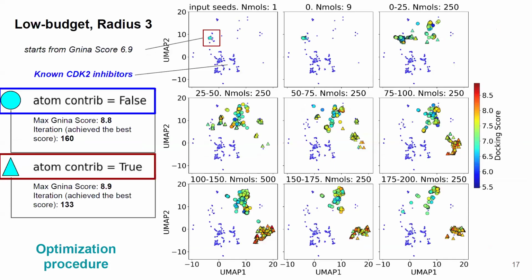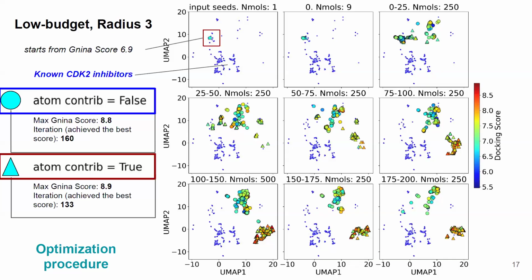We also wanted to compare with the chemical space of known inhibitors. The blue dots stand for the known inhibitors. We ran low budget, radius 3, and the dots stand for not including atom contribution, and the triangles stand for including atom contribution. You can see that we started from one point, but then in the exploration of chemical space the molecules start separating with the iterations.